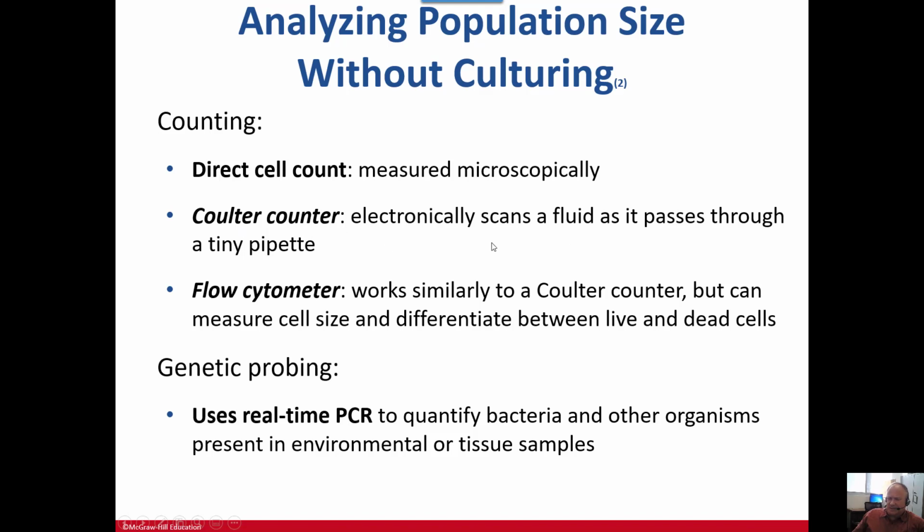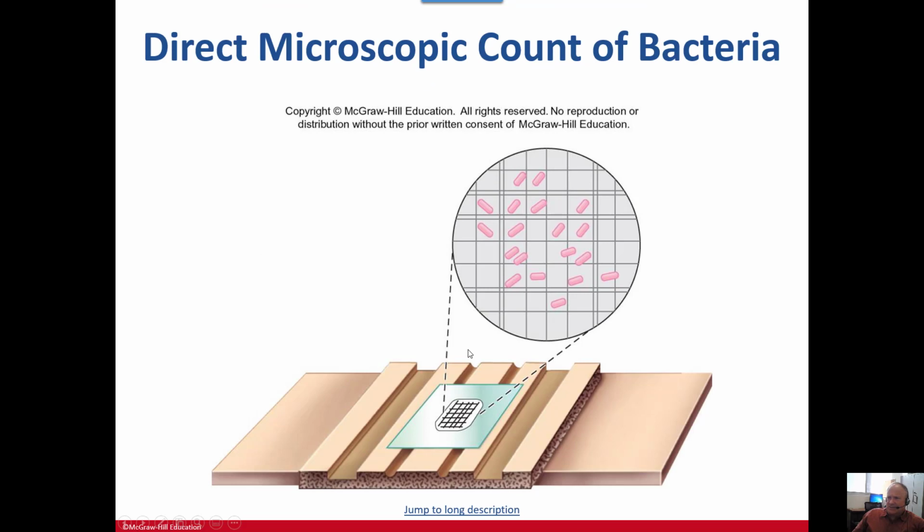In other words, every time a bacterial cell blocks the little laser light, we get a count. A flow cytometer works similarly, but it measures cells and differentiates between live and dead cells. And then, of course, we can probe with PCR to quantify genetically that the microorganisms are there.